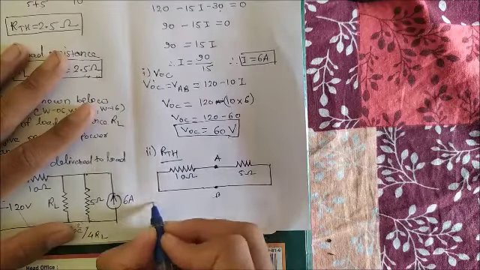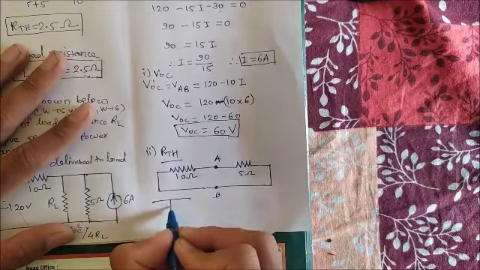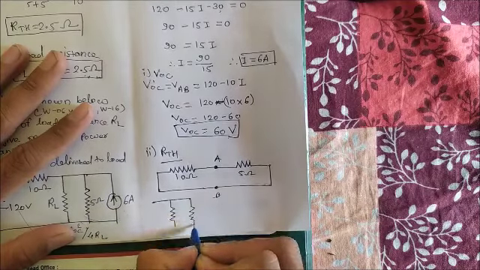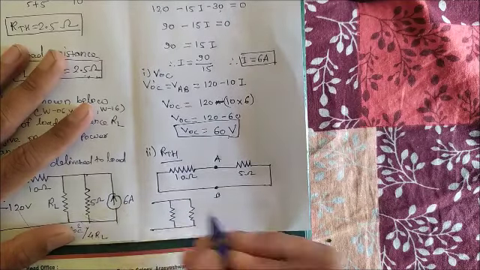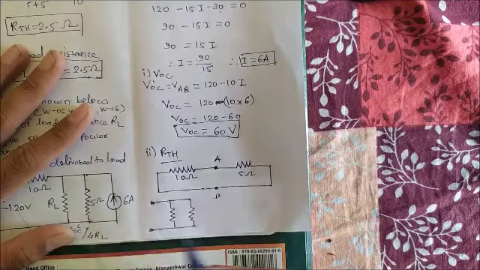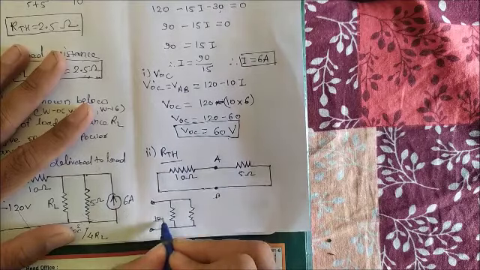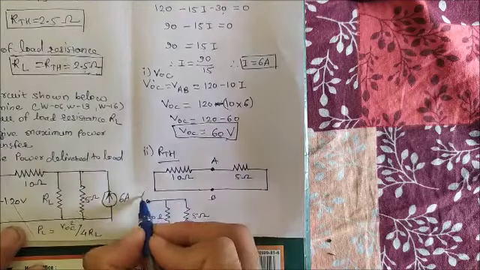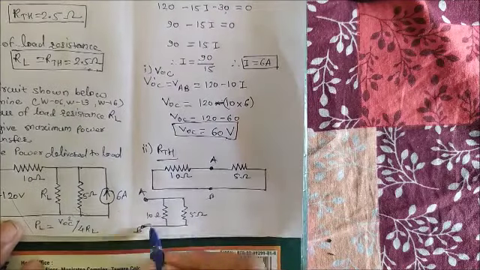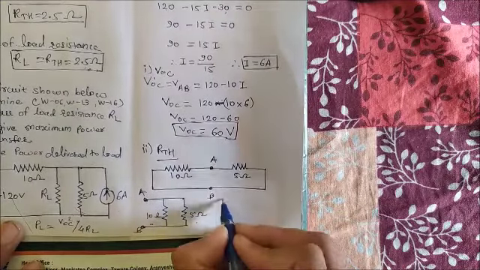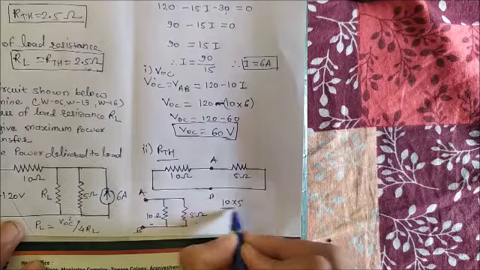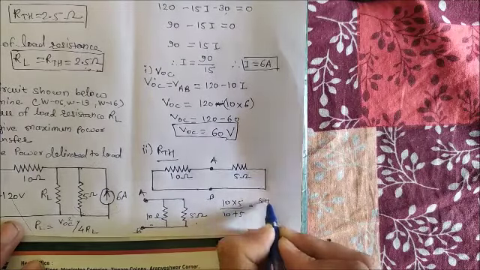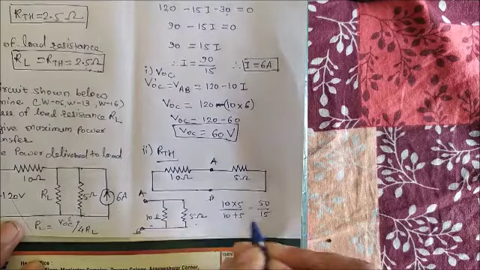I will rearrange this circuit so that it will be easier for us. Now the parallel combination is there, this is your AB point. Now parallel of this 10 ohm and 5 ohm, 10 into 5 divided by 10 plus 5, that is 50 divided by 15.